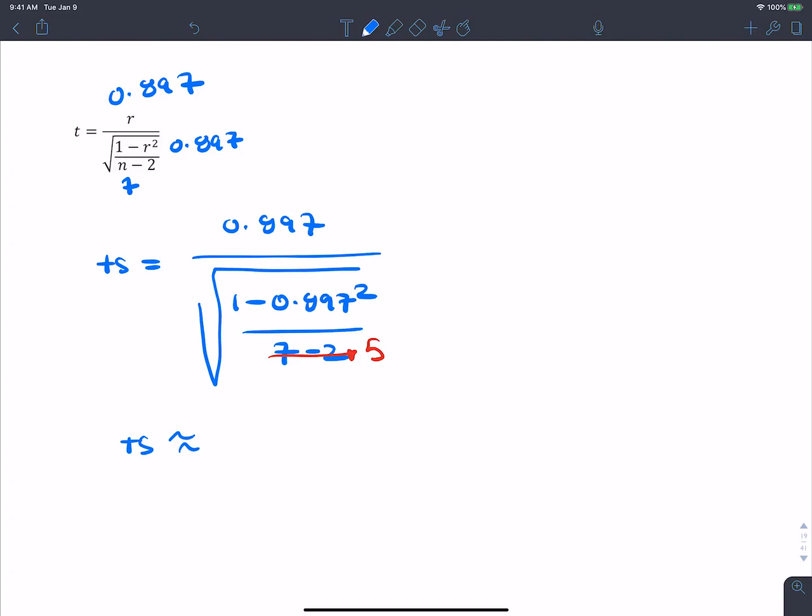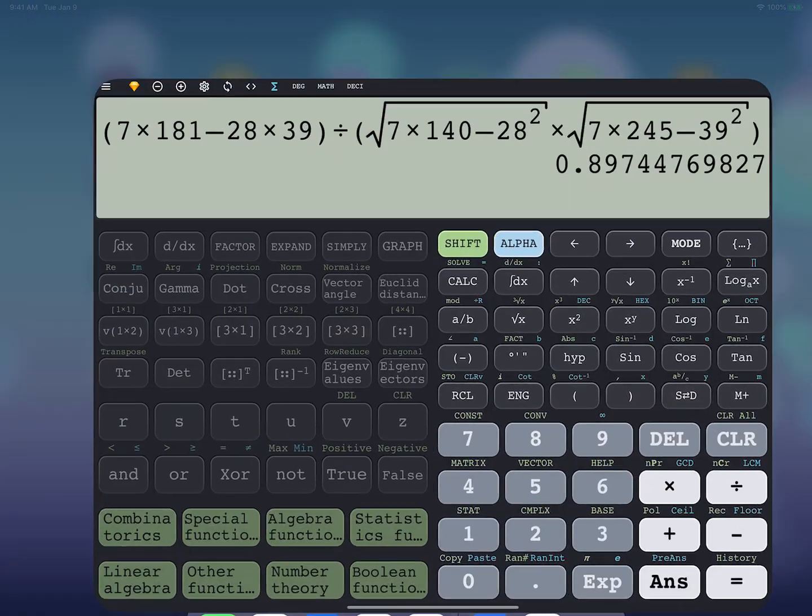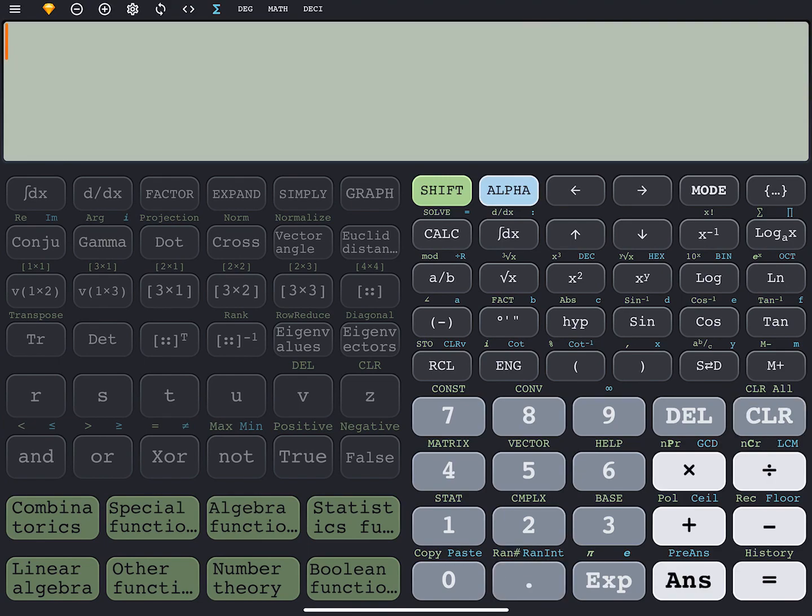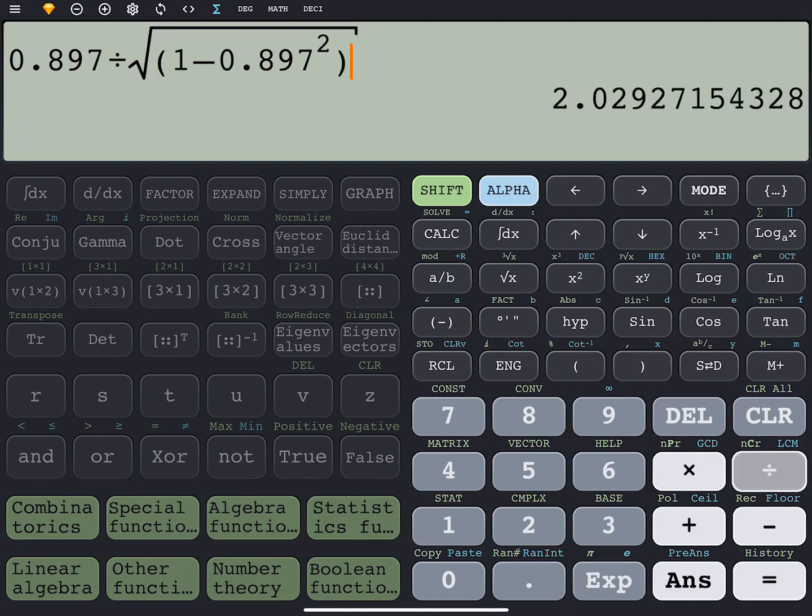Okay, make sure you have that down in your notes, because we're going to punch this in. Divided by square root, parentheses, 1 minus 0.897 to the second power. Close that, and let's divide by 7 minus 2.